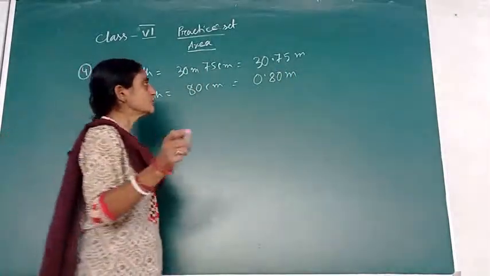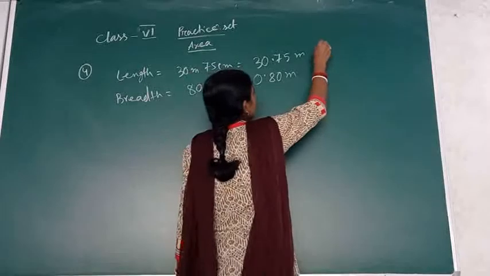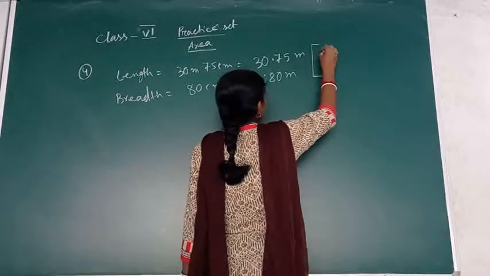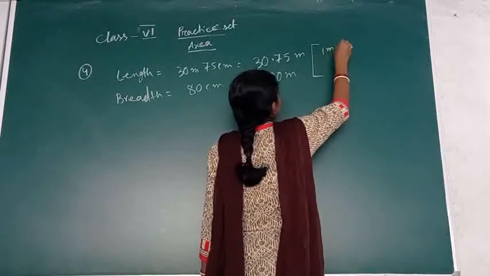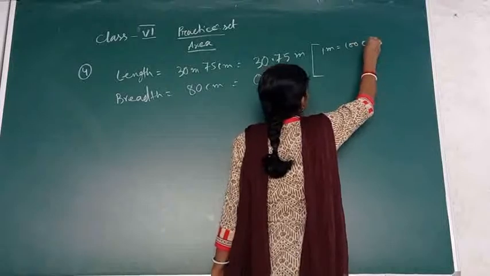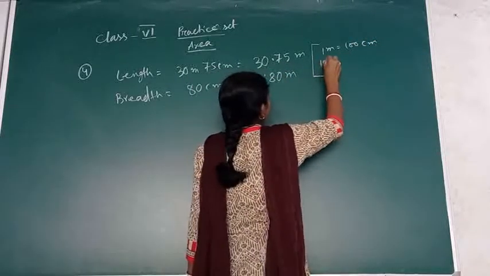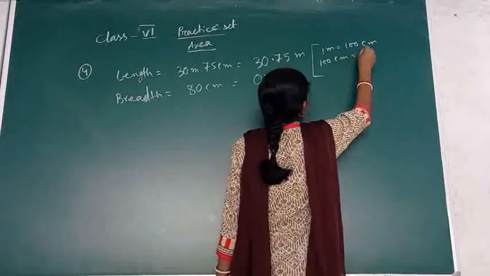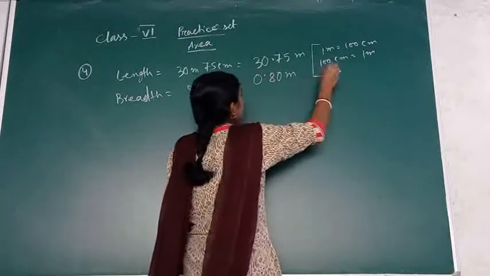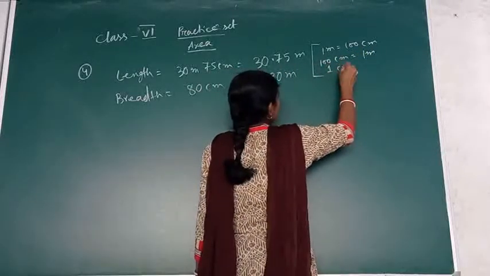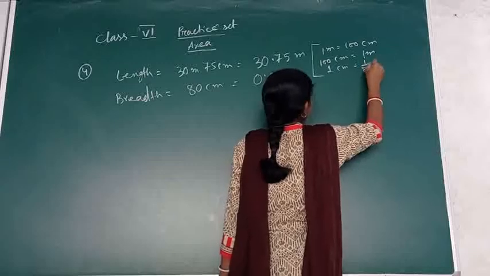That conversion you people know, na? Okay, let it be. For your recall, I am doing it here. We know 1 meter equal to 100 centimeter. So, in case of that, I can write 100 centimeter equal to 1 meter. Here, that means 1 centimeter equal to 1 by 100 meter.